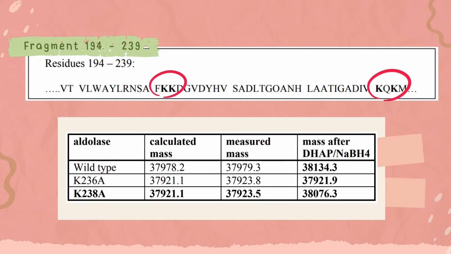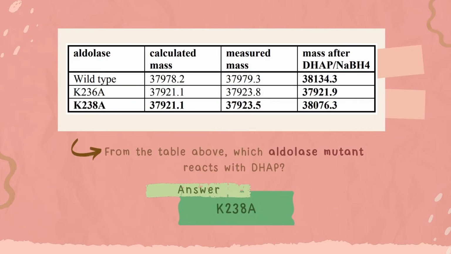Both were treated independently with DHAP and their masses were measured again. The mass spectrometric data for the two mutants together with the wild-type aldolase are summarized in the table. Using the wild-type aldolase as basis, the aldolase mutant that reacted with DHAP is K238A, since there is a change in its mass after the reaction.